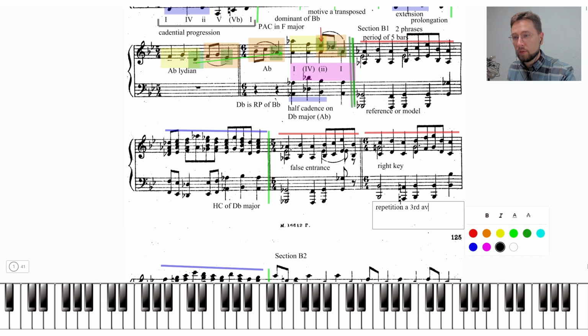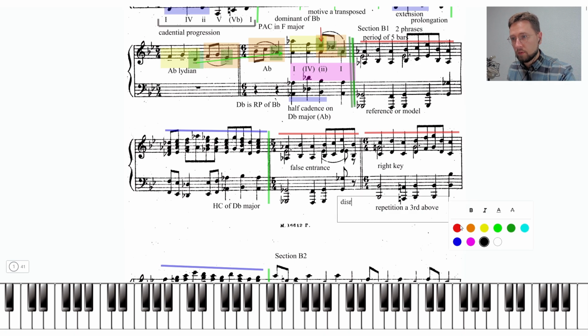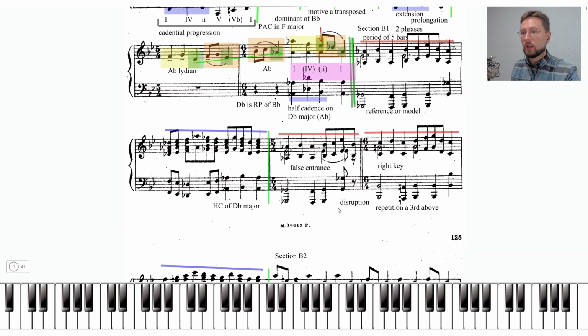a third above. And I think that this disruption that you have here is one of the most innovative key changes. It's a very abrupt key change. In this moment, for some reason, Mussorgsky decides to break and forget about this.